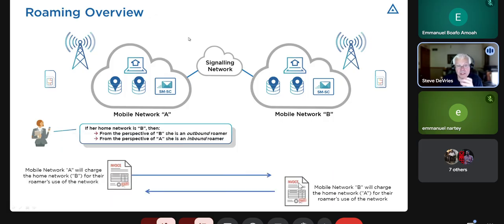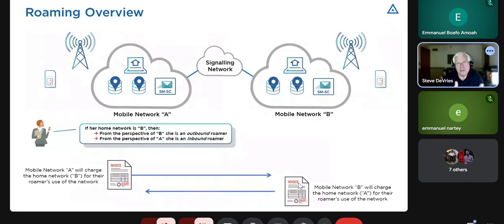When we look at roaming, just as an overview, what does it mean to roam? Let's say you have two networks here, mobile network B and mobile network A, and they're connected in many different ways. One of the ways they're connected is through signaling.